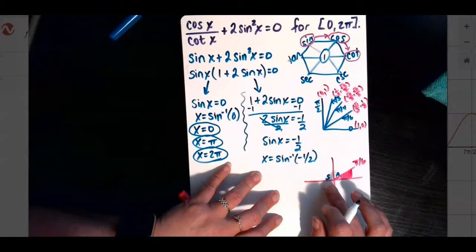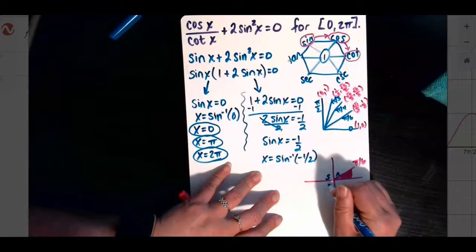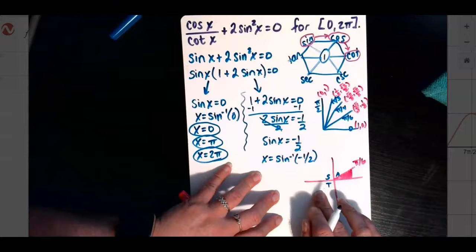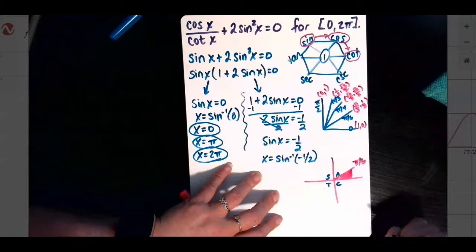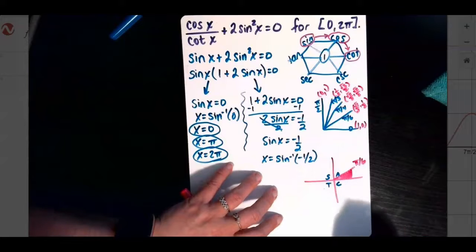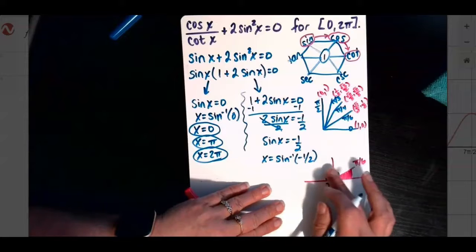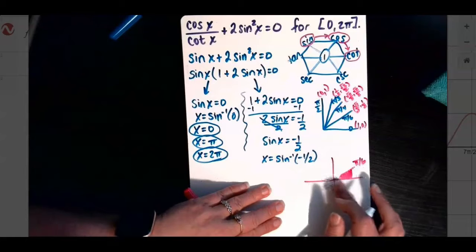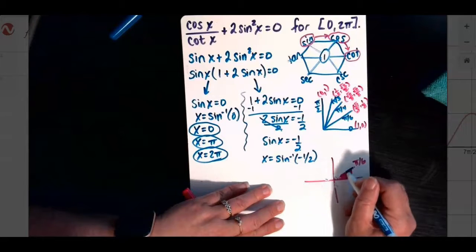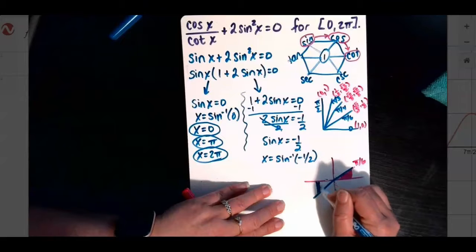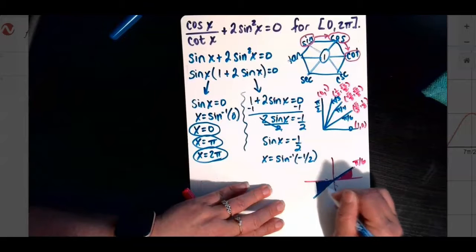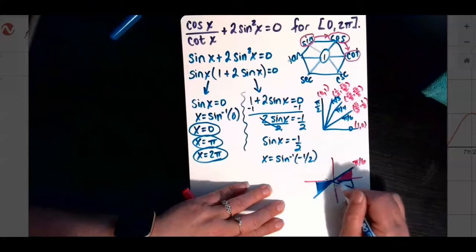The T is tangent and its reciprocal are positive in quadrant 3, and then C, cosine, and its reciprocal positive in quadrant 4. So we're going to look for answers in quadrants 3 and 4 because that's where sine is negative. So we'll reflect this reference angle into quadrant 3 and into quadrant 4.